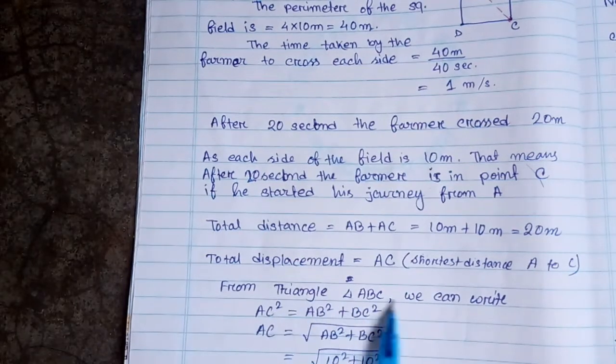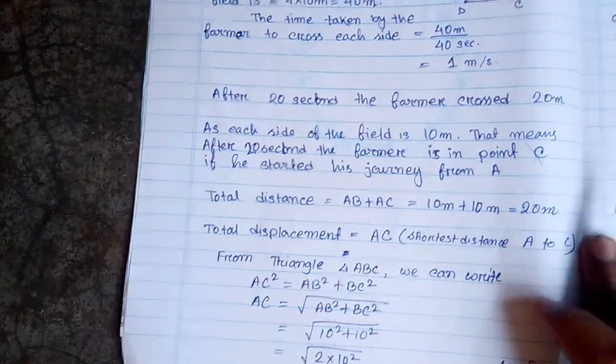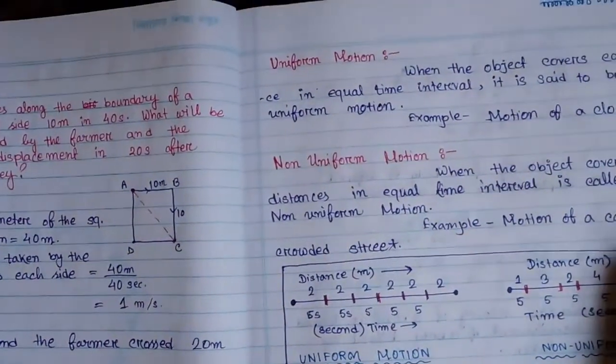From the triangle ABC we can use the Pythagoras theorem: AC square is equal to AB square plus BC square. From that we can calculate the length of the diagonal, and that will be the displacement of the farmer.